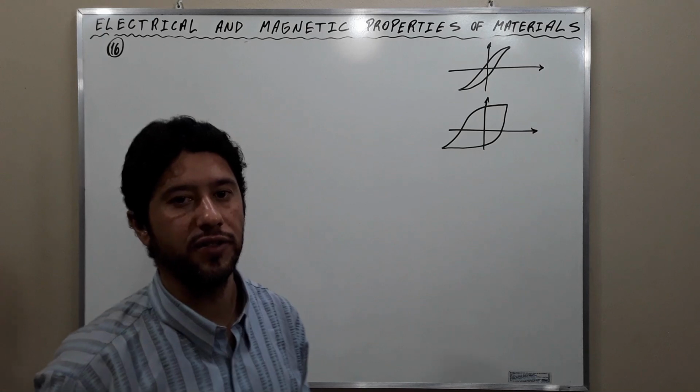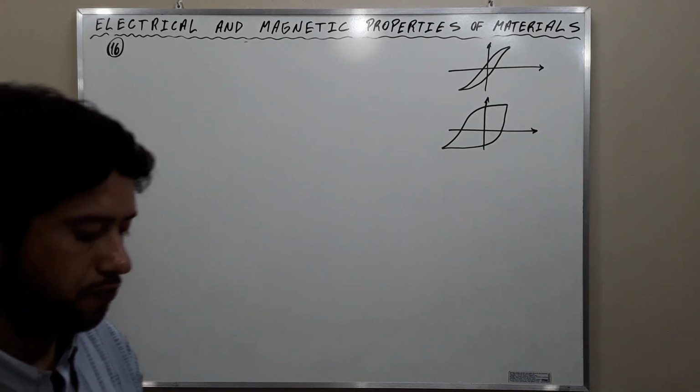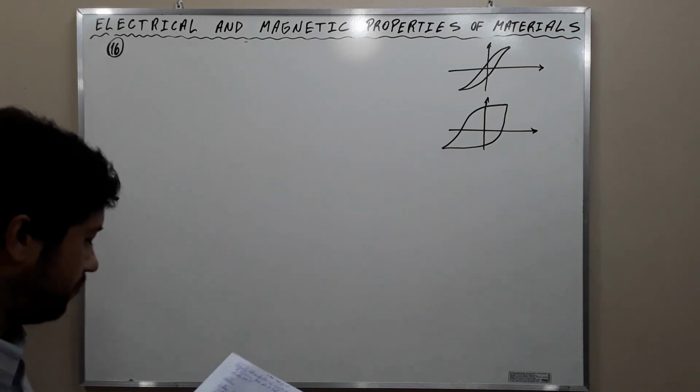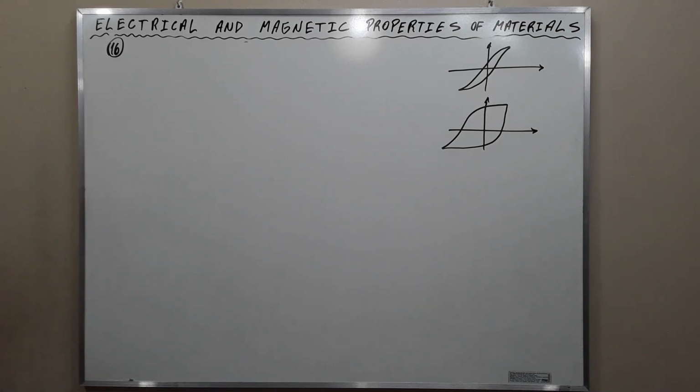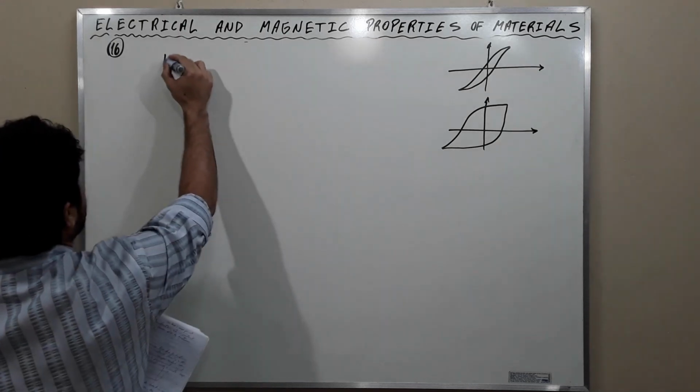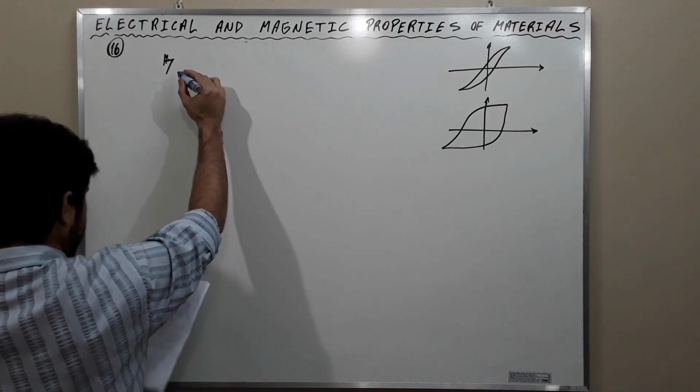The last exercise, a theoretical one. What considerations are important to minimize losses due to hysteresis and eddy currents? Okay, let's go to the solution. Hysteresis. Firstly, let's debate hysteresis.